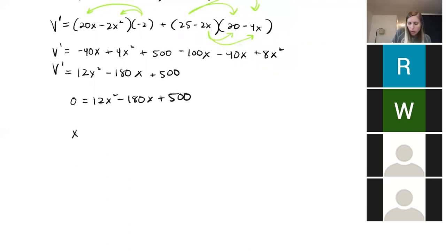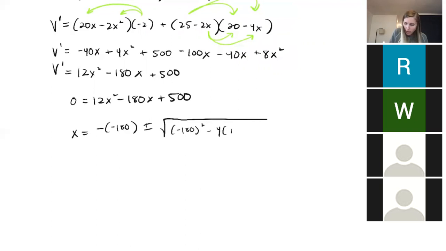So using our handy dandy quadratic formula, right? Negative b plus or minus the square root of b squared minus 4ac all over 2a. Okay, so that represents two different values.